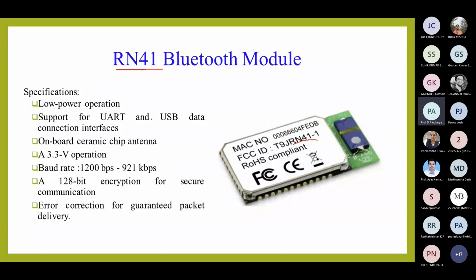It provides support for UART and USB data connection interface, onboard ceramic chip antenna, 3.3 volt, and baud rate from 1200 bits per second up to 921 kilobits per second. It is encrypted with 128 bits for secure communication. Then error correction for guaranteed packet delivery is also there.